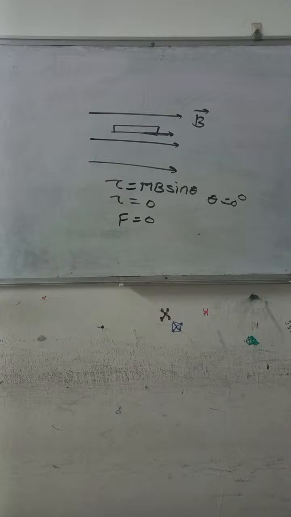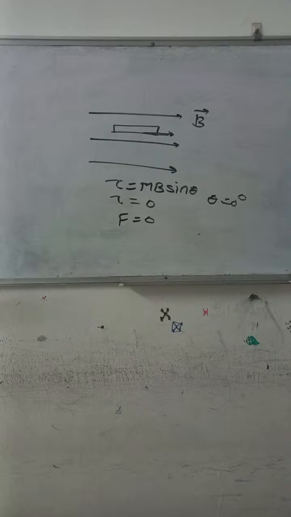Okay, so here I will repeat the question. Which of the following statements is correct? First, magnetic field lines do not form a closed loop. Second, magnetic field lines start from north and end at south of the magnet.